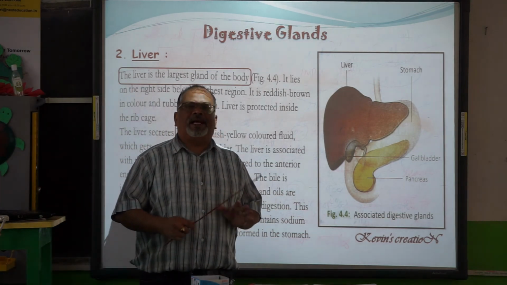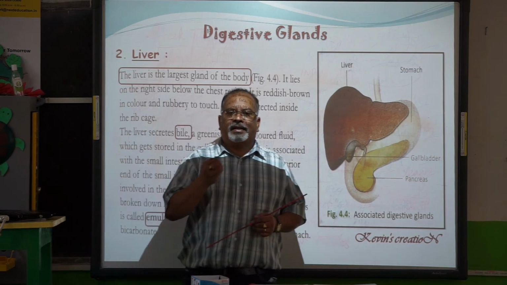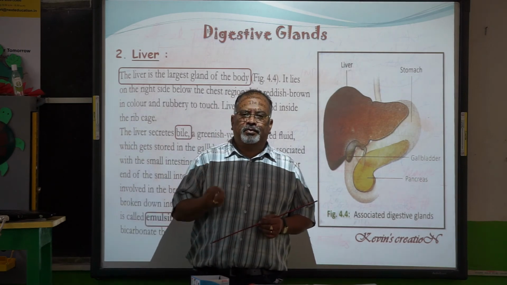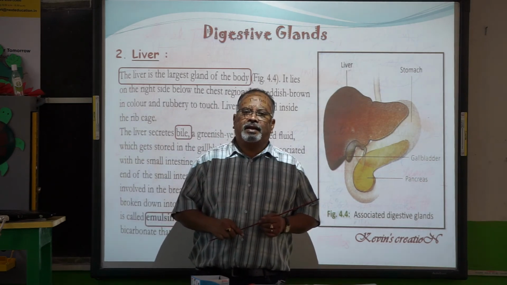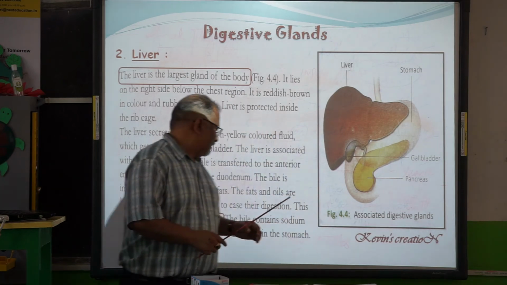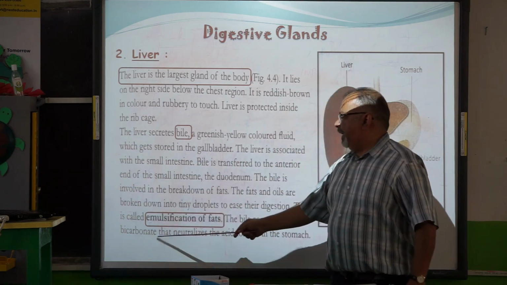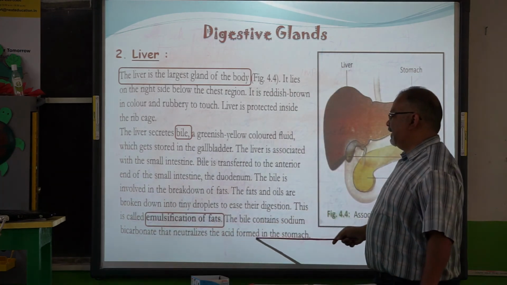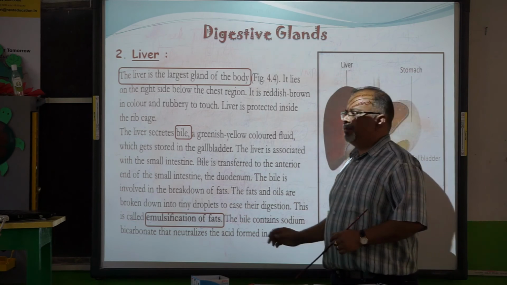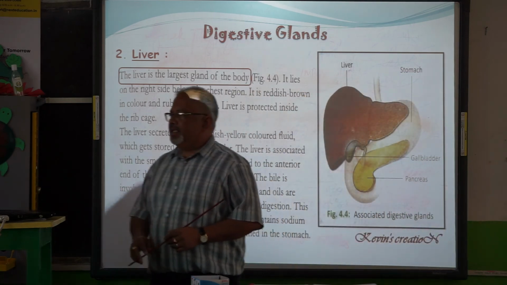This is nothing. Digestion of fats. When the fat is broken down into smaller molecules, that is called emulsification of fats. The bile contains sodium bicarbonate that neutralizes acid formed in the stomach. So that is also one of the functions of bile juice.